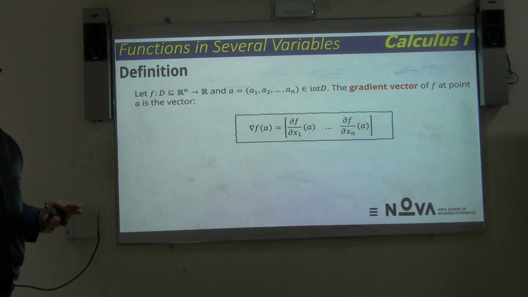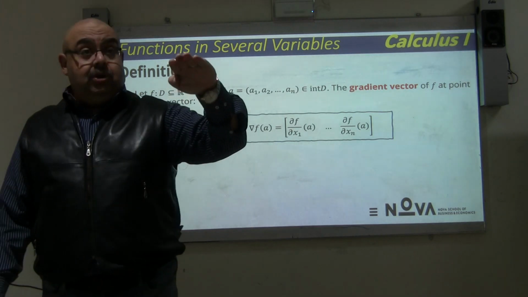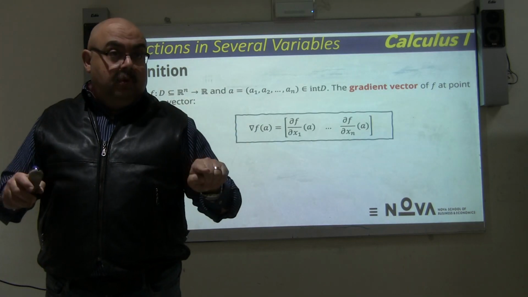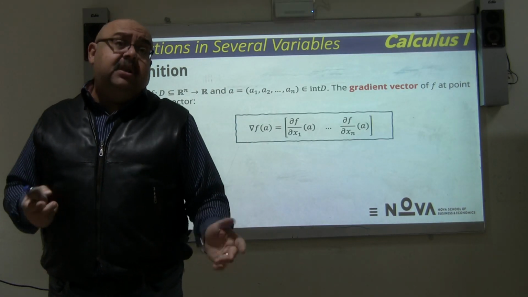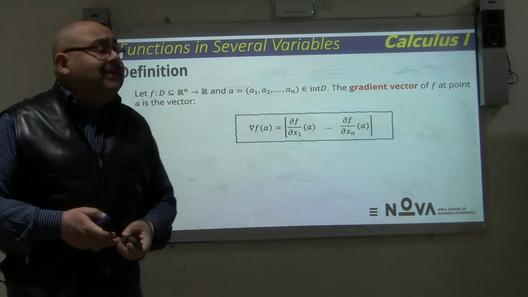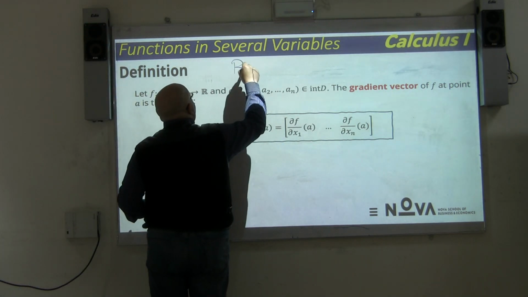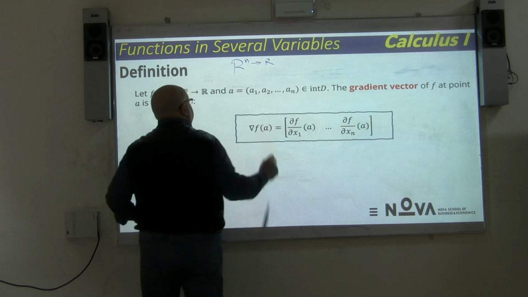Once more, the bottom line: I have to differentiate the function with respect to its variables, then put all of them together in a row matrix. That's the gradient vector, and it is applicable to functions from Rn into R, as you will see.